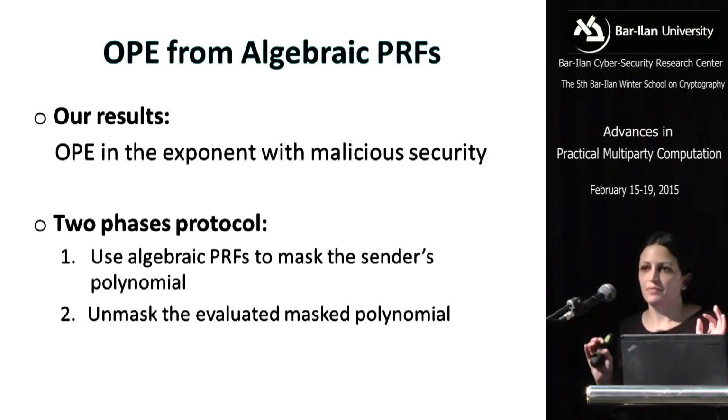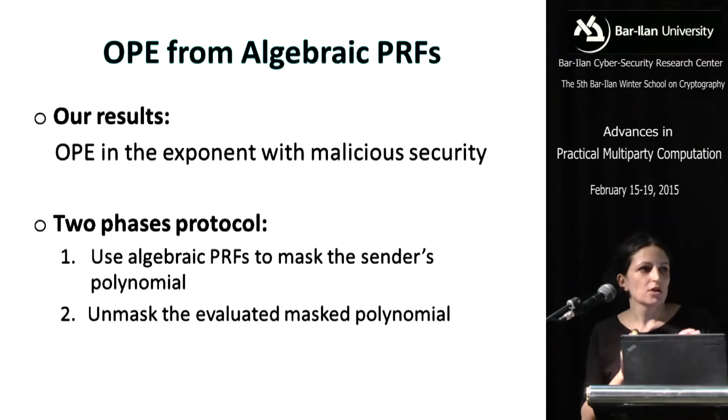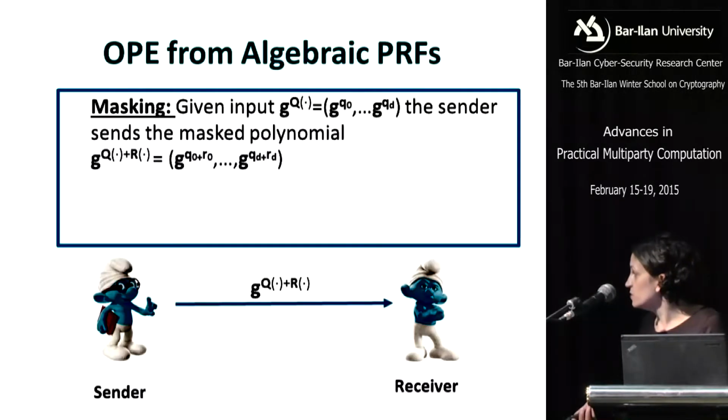I'm going to explain it to you in two abstract phases. It's very, very simple. In the first phase, the sender uses an algebraic PRF to mask its polynomial and sends this masked polynomial to the receiver. And in the second phase, they use what I call unmasking. Let me be more concrete and explain what I mean.